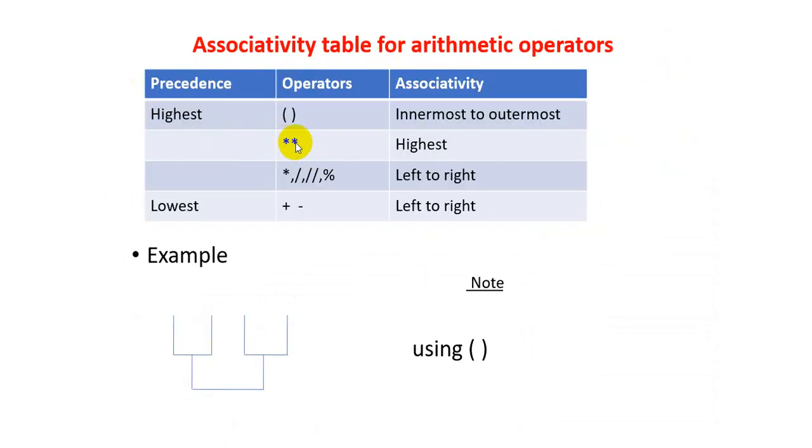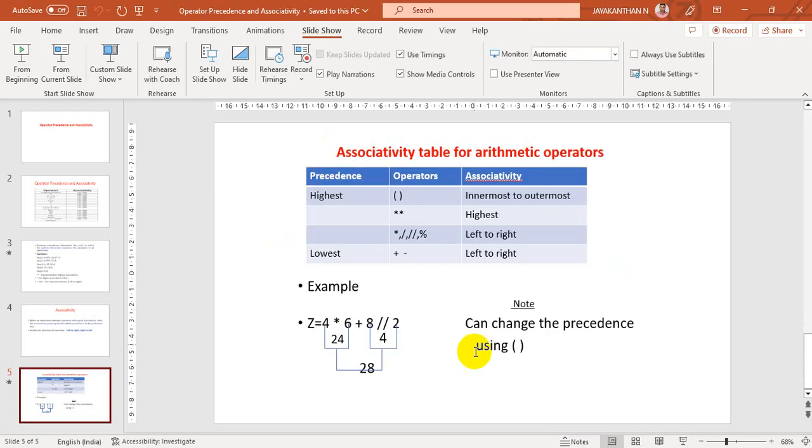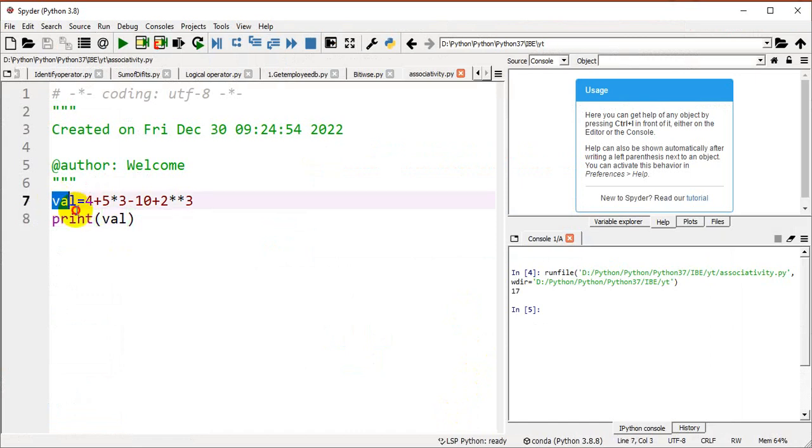Next is double star, which is highest. I will show a demo to you. The highest value will get calculated in the double star. So in this expression, I'm giving val equal to 2 star 2 star 3.